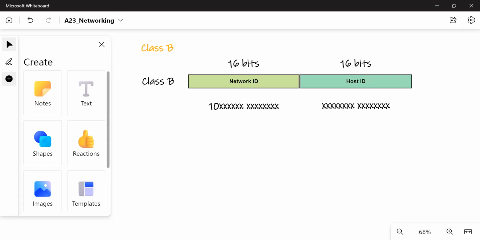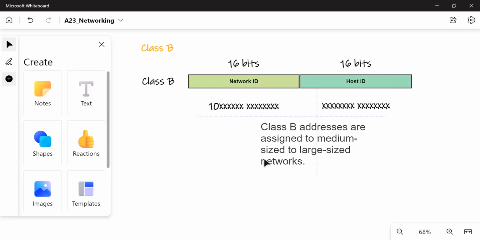Now, once we talk about this, we can say that class A gives the largest networks, because we used 24 bits for the hosts.